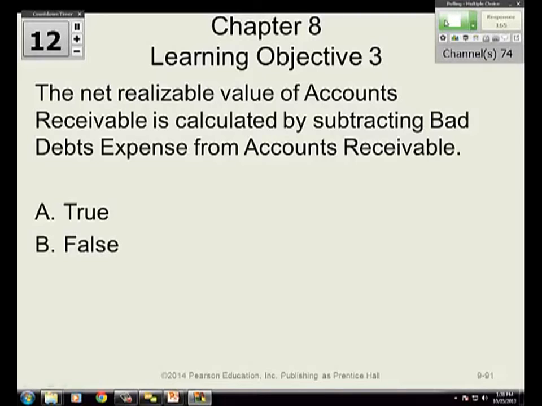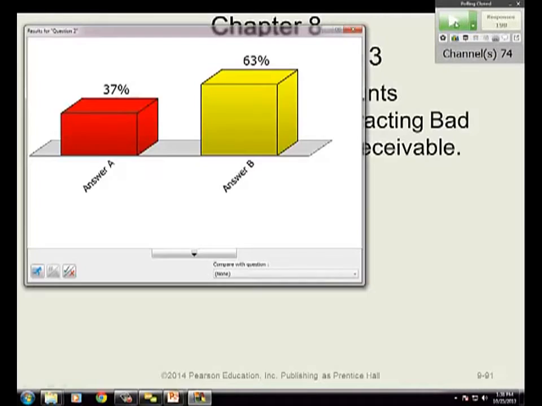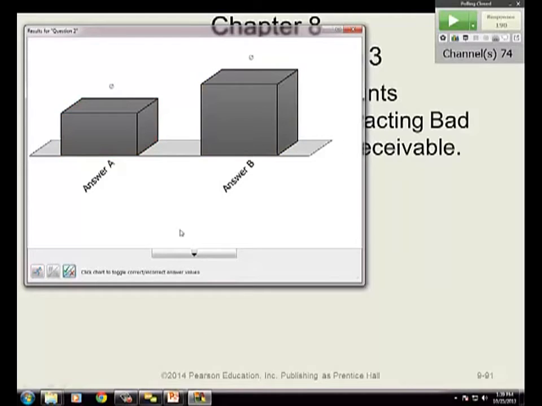The last answer counts. All right. Almost the same thing. All right. Net realizable value is accounts receivable minus the allowance for bad debts, not the bad debt expense. So net realizable value is accounts receivable minus the allowance for bad debts. All right. Okay.